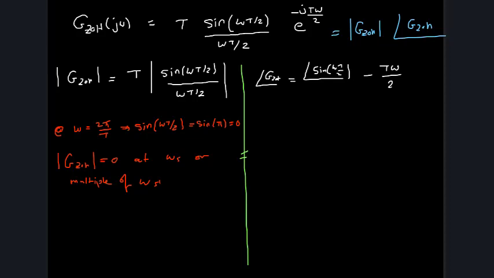Now the angle at omega equal 2 pi over T, the angle of the zero order hold will equal minus pi at omega s or multiples of omega s.